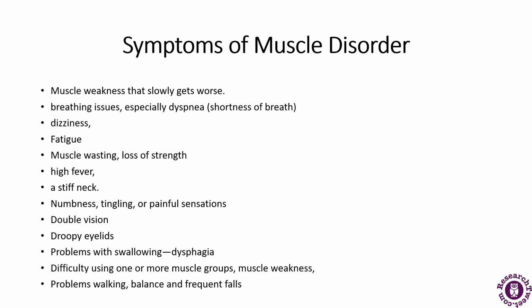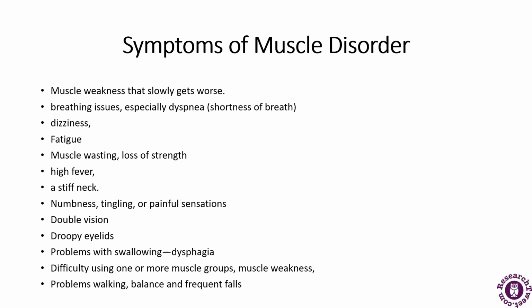Muscle weakness that slowly gets worse. There is a breathing issue, especially dyspnea, which means shortness of breath. Dizziness, fatigue, muscle wasting or loss of strength. There can be high fever, a stiff neck, numbness, tingling, or painful sensation in the muscles or the bones.